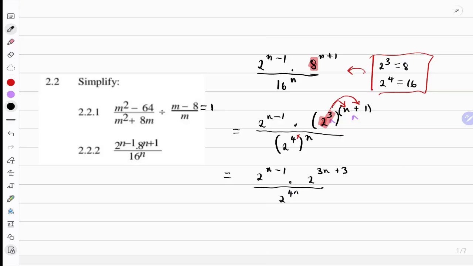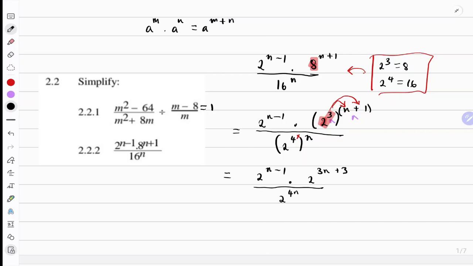Notice you have a multiplication here. So you can use the law of exponents that states if you have powers with the same base, a to the power of m and a to the power of n, we can add their exponents. So it's a to the power of m plus n.